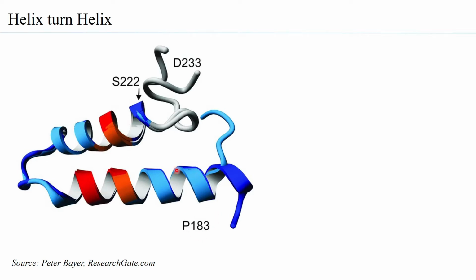As you can see, the entire helix turn helix is comprised of about 20 amino acids. If you look at S222 and P183, between the residue proline 183 and the residue serine 222, you have approximately 20 amino acids.